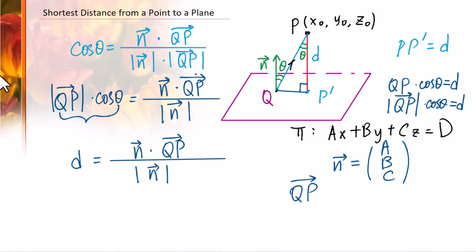Let's label the coordinates of point Q as Q1, Q2, Q3. So we get vector QP equals x0, y0, z0 minus Q1, Q2, Q3.